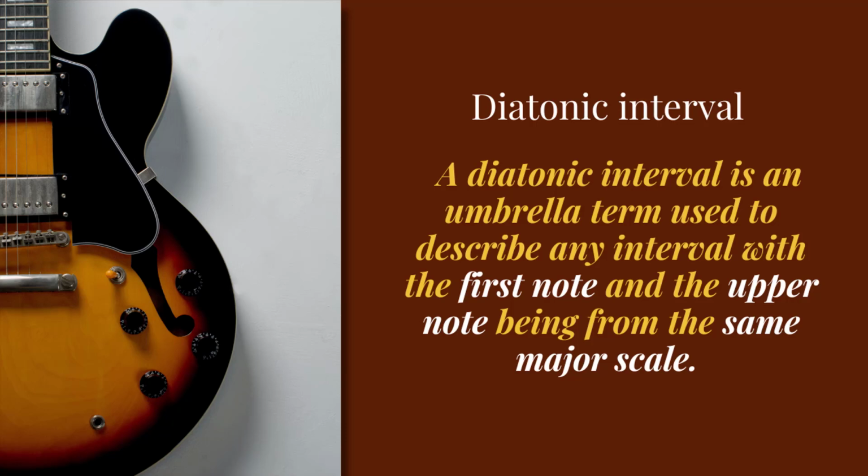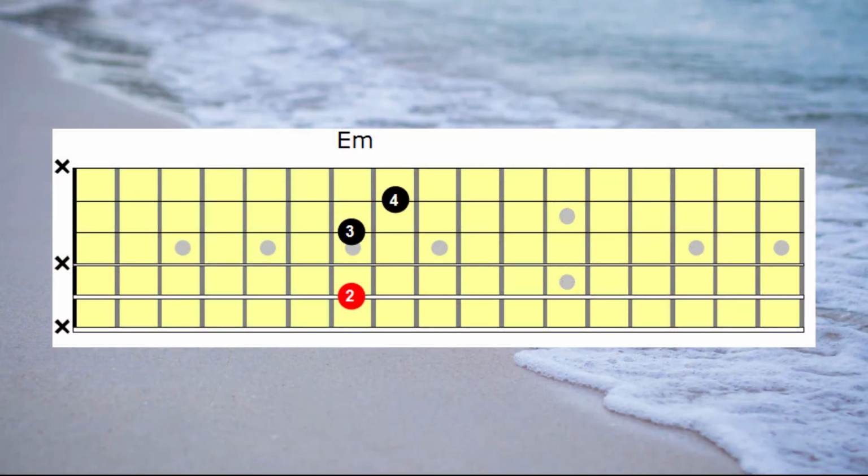In other words, the note is 6 away from the root note, and this note is found in the key of C. Say for example, if I was referring to the E minor chord, where the inner chord voice is changing from a D to a C natural. And that means the note C is 6 notes away from the note E in the key of C. Okay, let's try them out.